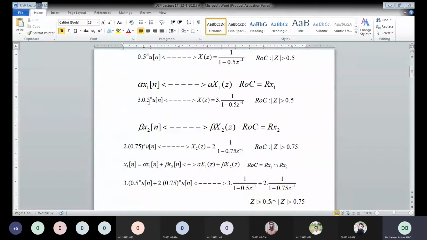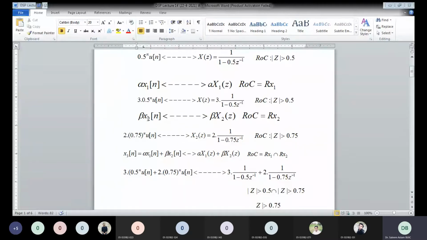So 3 dot 0.5 raised to the power n u of n is equal to 3 dot 1 over 1 minus 0.5 z inverse. However, the ROC would remain the same. Similarly, if we take another sequence x2 of n and we scale it by a factor of beta, the Z transform expression would also be scaled by beta, and the region of convergence would remain the same.